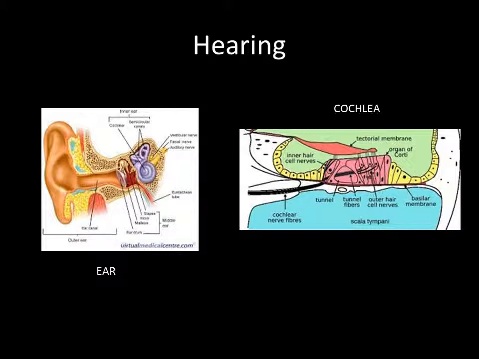So you can think about it as uncoiled. And as the wave-like movement caused by the stapes in the middle ear pushes against the oval window, it results in movement inside the cochlea.